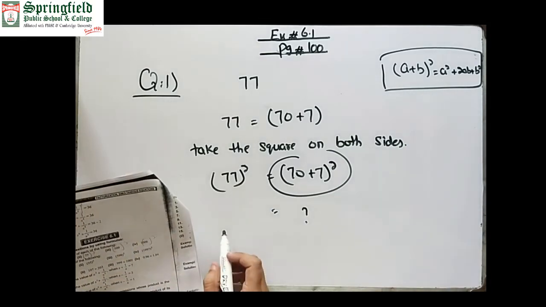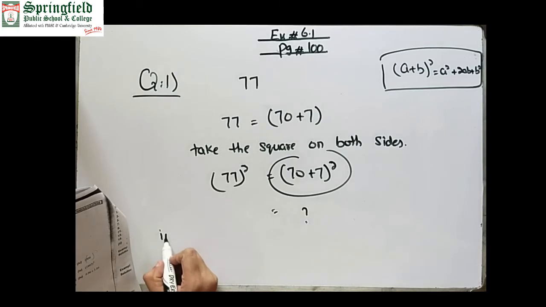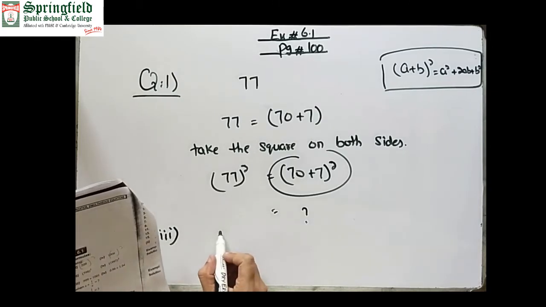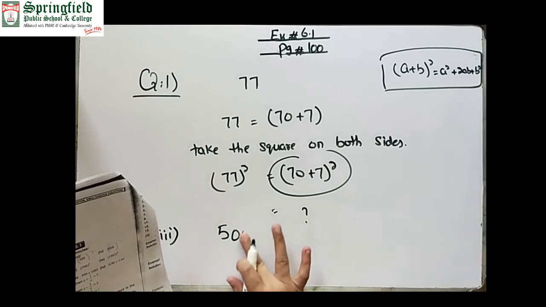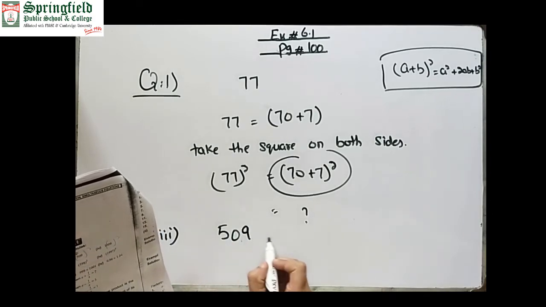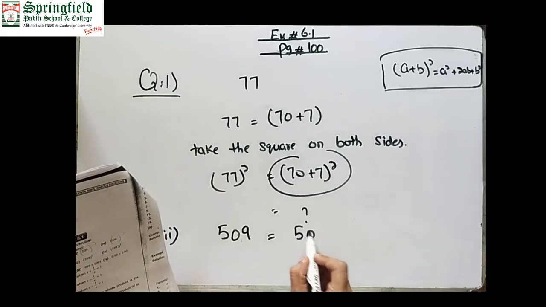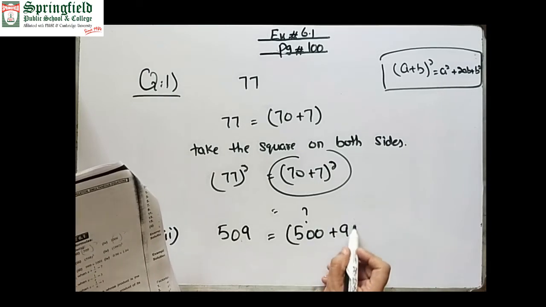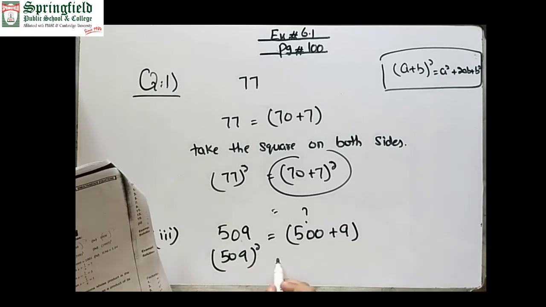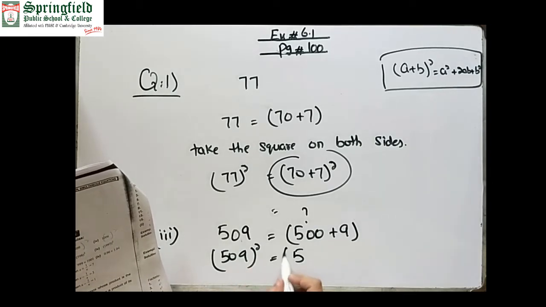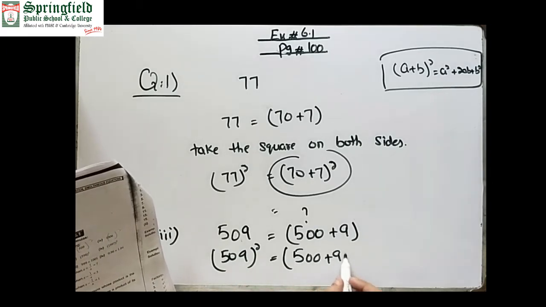Understood, beta? Okay, now part 3. 509 can be written as 500 plus 9. Now take the square on both sides, it becomes 509 square, 500 plus 9 whole square.